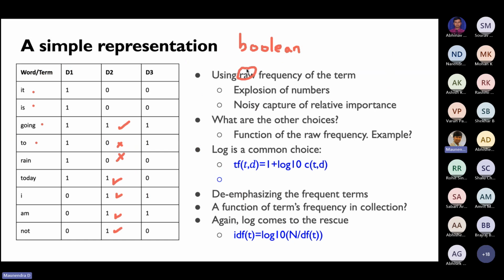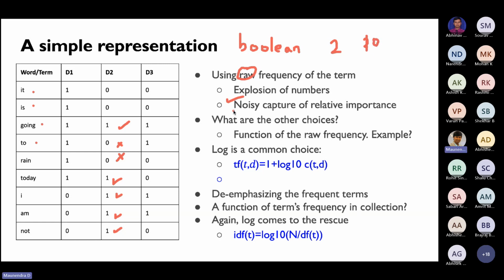At the same time, it also results in noisy capture of relative importance. So what does it mean? Suppose there is a term which occurs 2 times in a document, and in another document it occurs 20 times, or say 10 times.